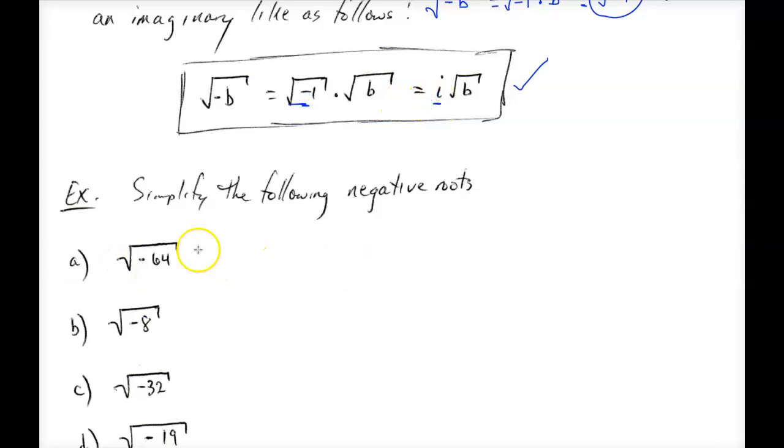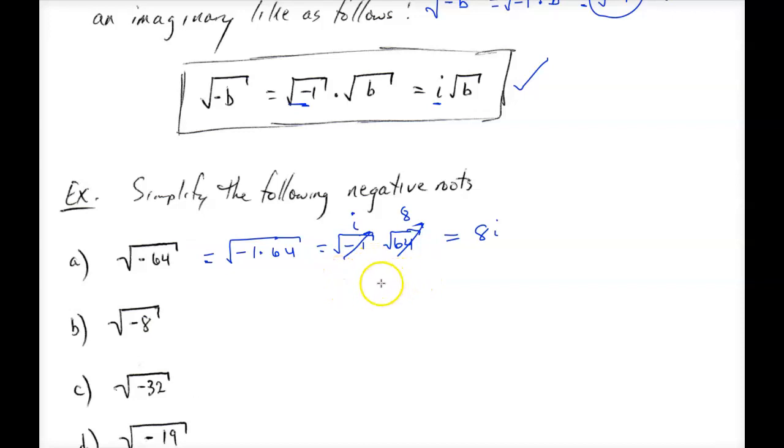So for this first example, I'm going to rewrite this as square root of negative 1 times 64, which is the same as square root of negative 1 times square root of 64. And of course, square root of negative 1 is just defined as i. Square root of 64, that's just defined as 8. So we could just rewrite that as 8 times i.